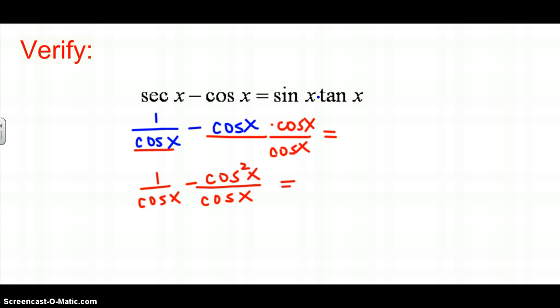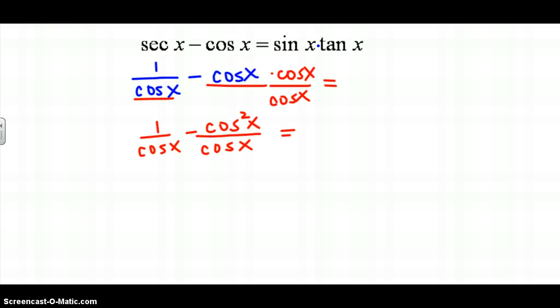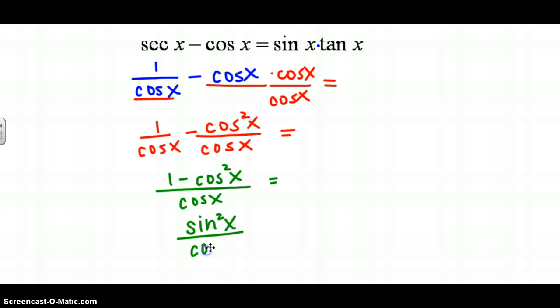Now that these things have a common denominator, I can add them together. Well, in this case, I guess subtract them together. Using our Pythagorean identities, 1 minus cosine squared is equal to sine squared.